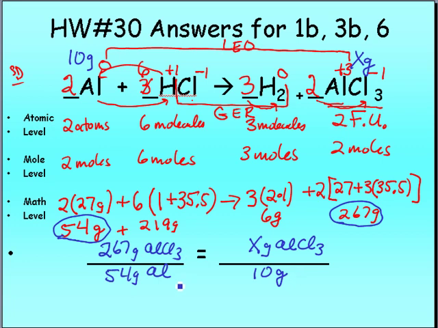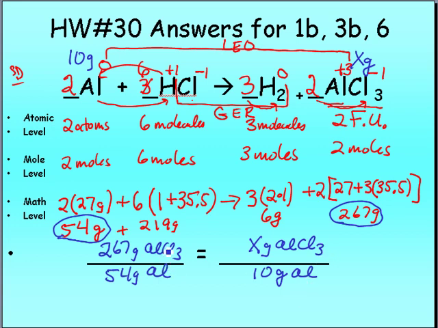Again, a proportion is 2 equal fractions. So whatever goes on the top of the fraction and the bottom on one side, you have to have the same words on the top and the bottom on the other side. So if I can make 267 grams of aluminum chloride if I start with 54 grams of aluminum, how many grams can I produce if I start with 10 grams?